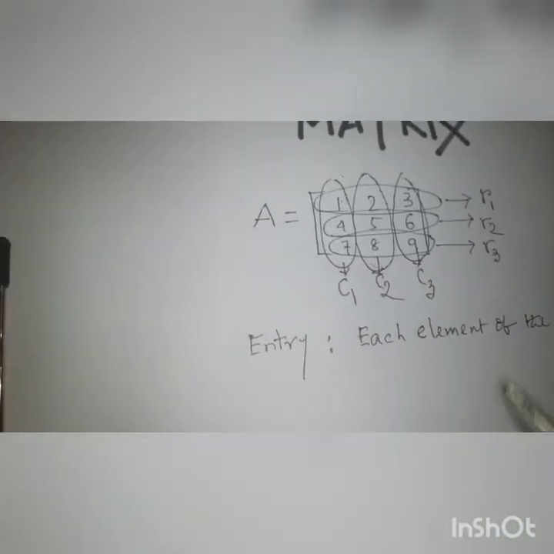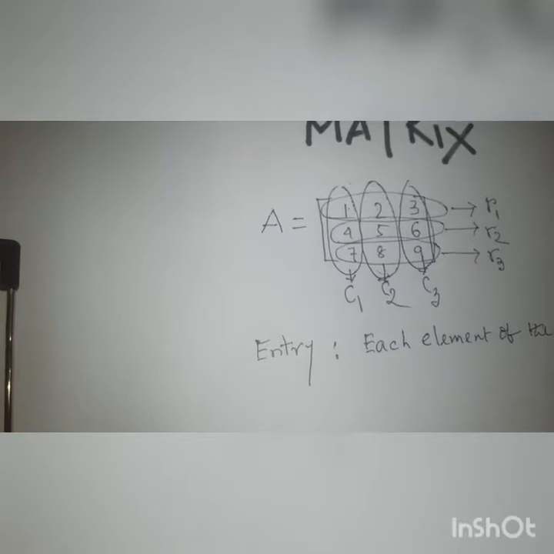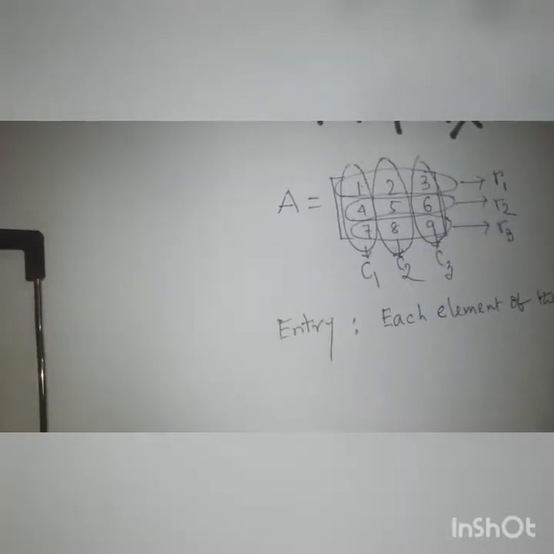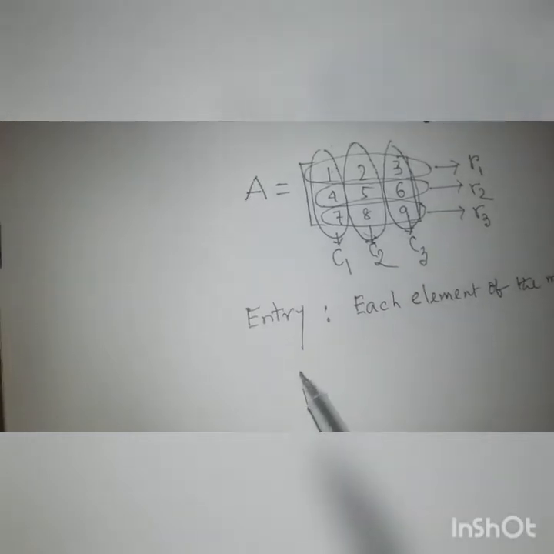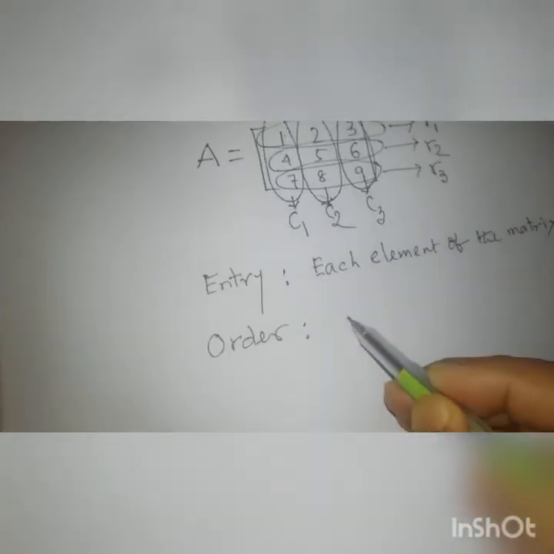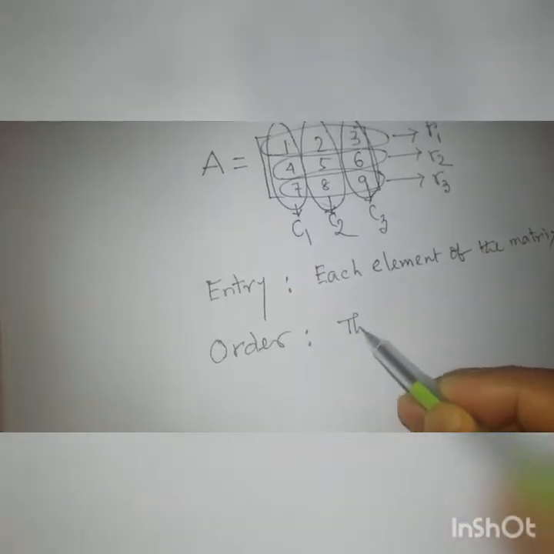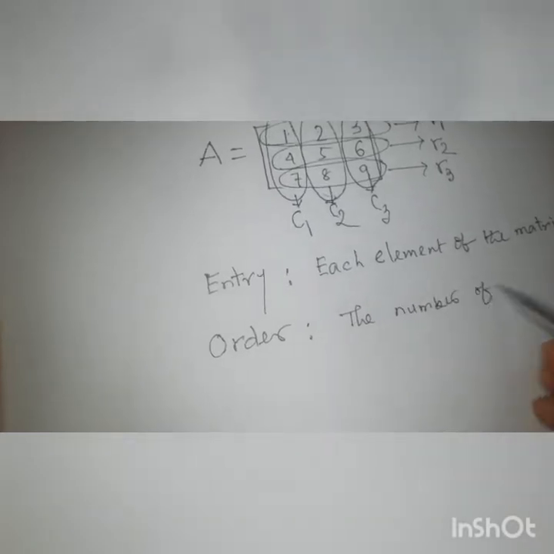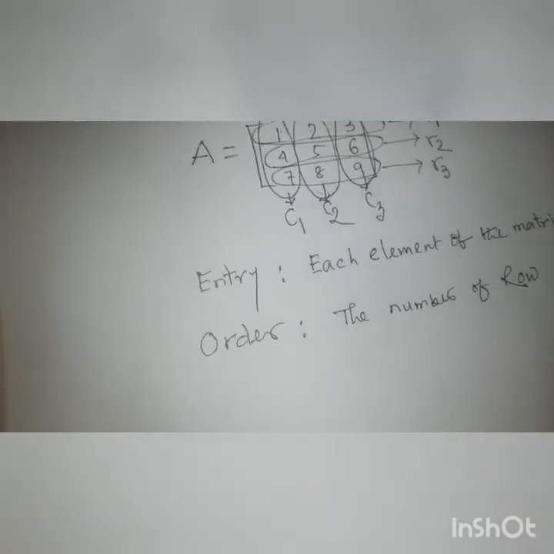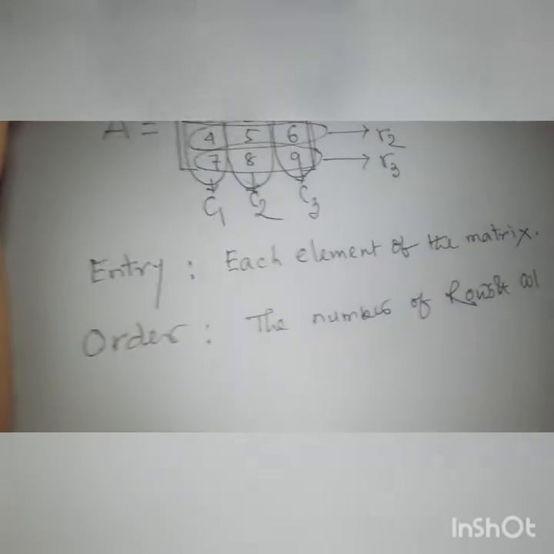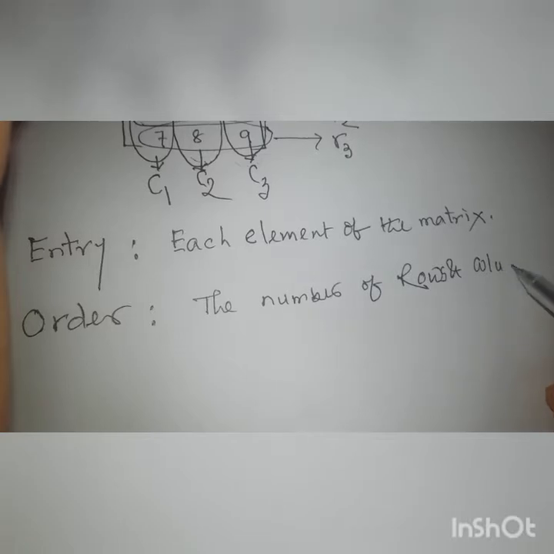The basic structure of a matrix is the number of rows and the number of columns. The number of rows and the number of columns is the order of the matrix. Order, O-R-D-E-R. Order of a matrix means the number of rows and columns.